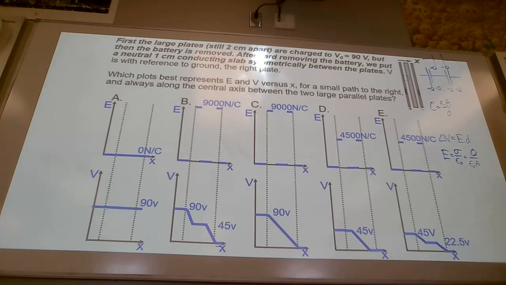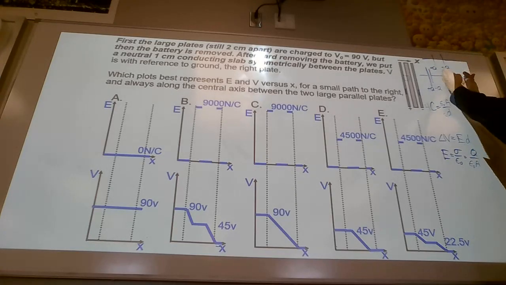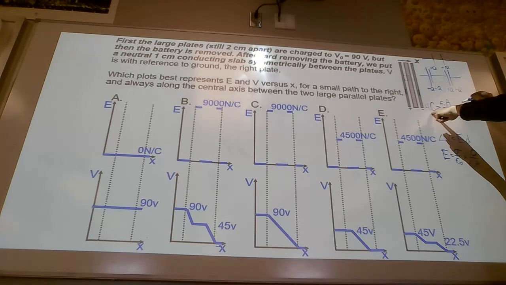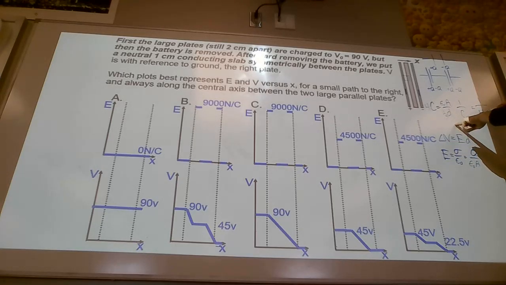Okay. From this point of view, we have quartered the capacitance. So we quadruple the capacitance, like going from this original one to these two. We have now 2 capacitors that have 4 times the capacitance.